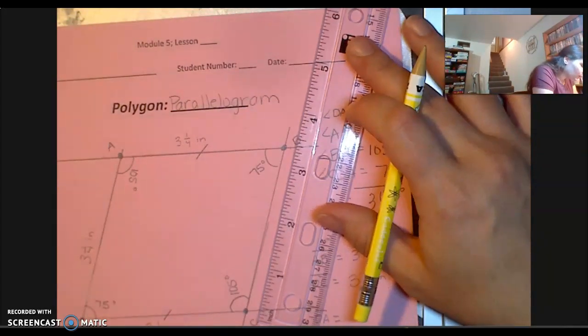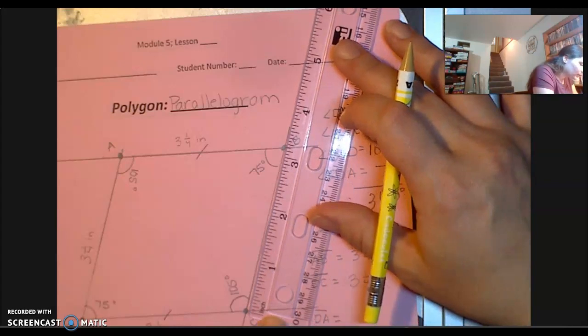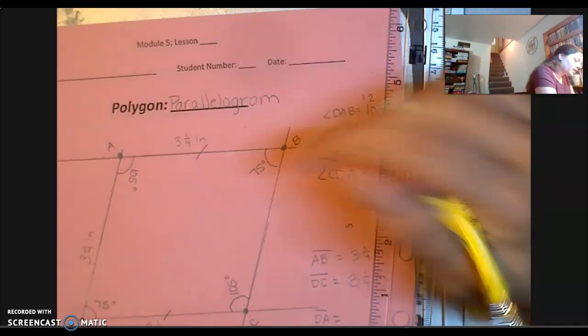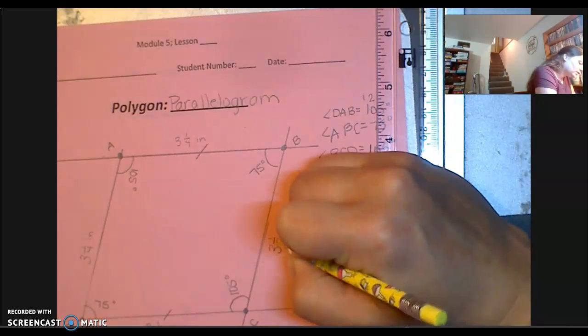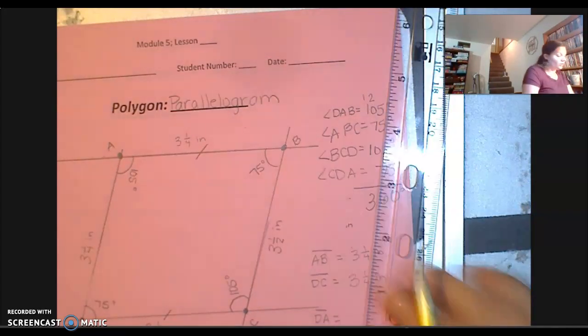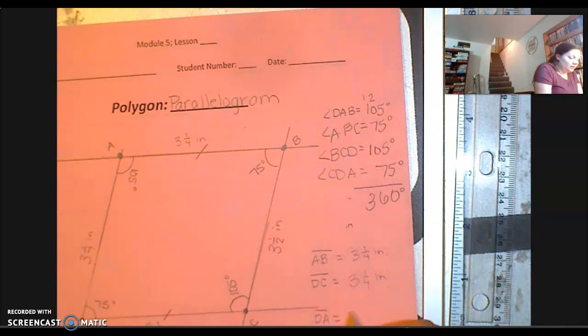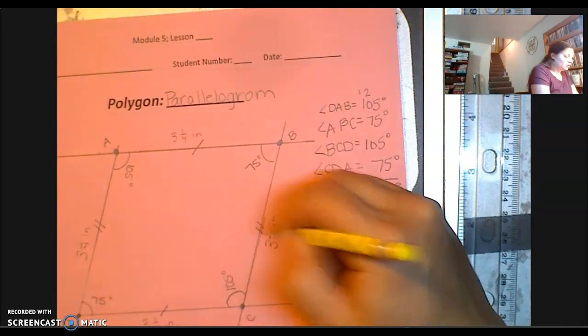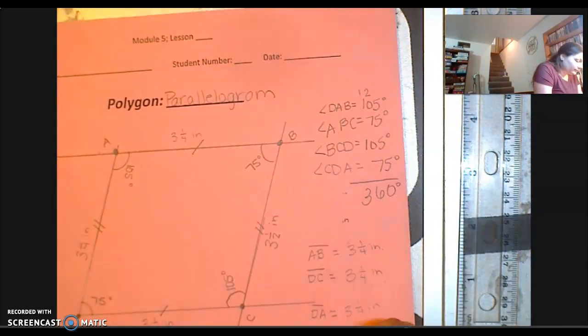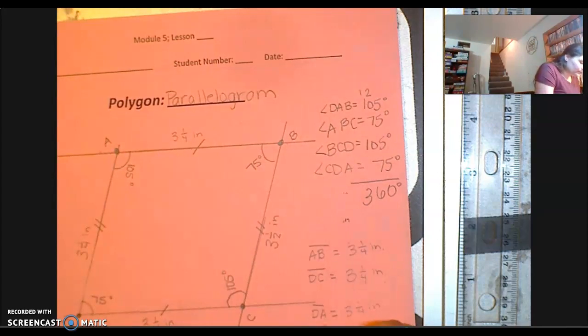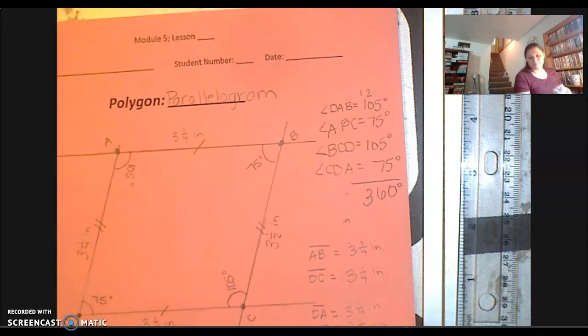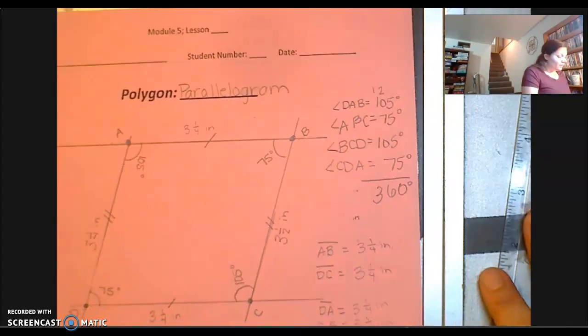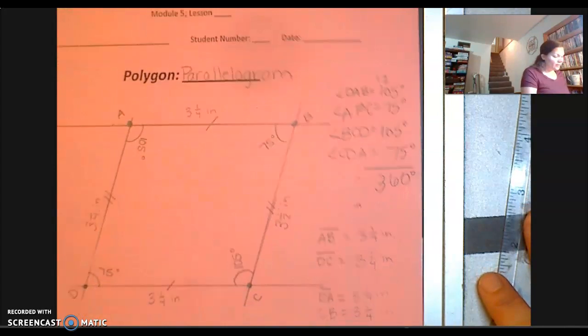And this one is going to be equal to 3 1/4 inches as well, because they are opposite line segments and they should be equal. So to show that DA is equal to CB, I'm going to put 2 lines through those sides. And that is how we create a parallelogram.